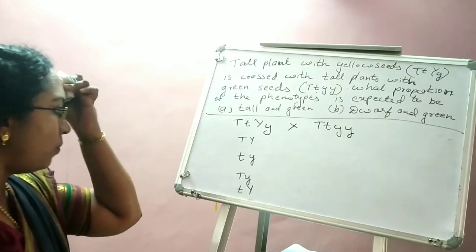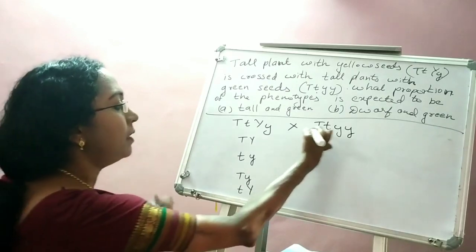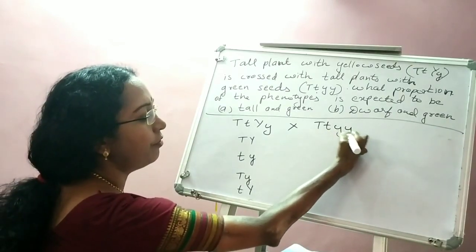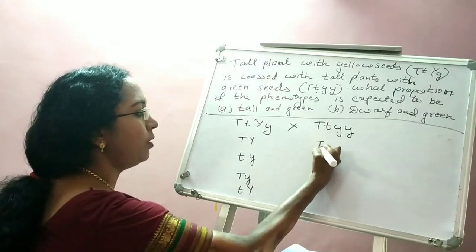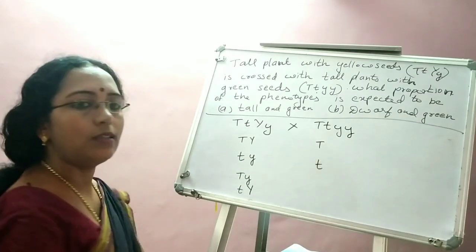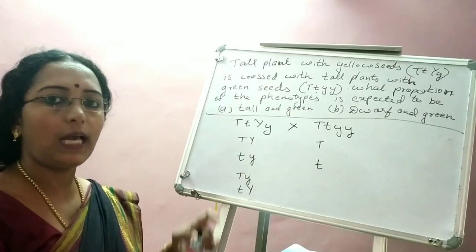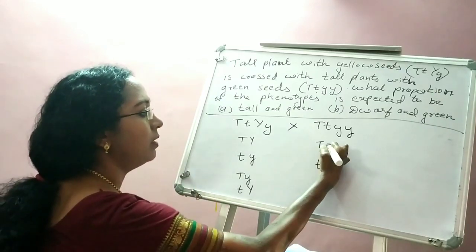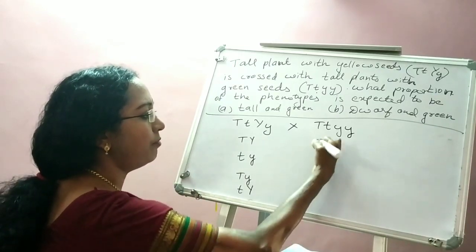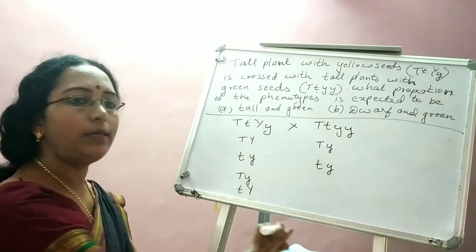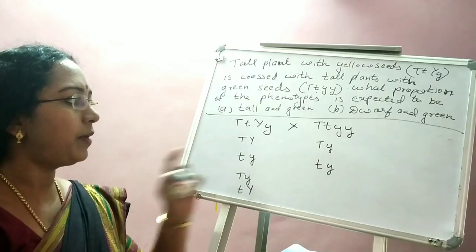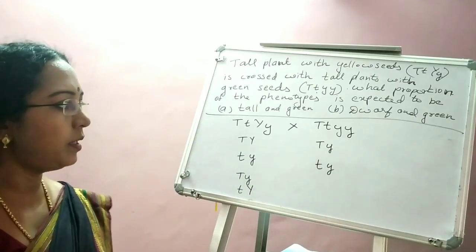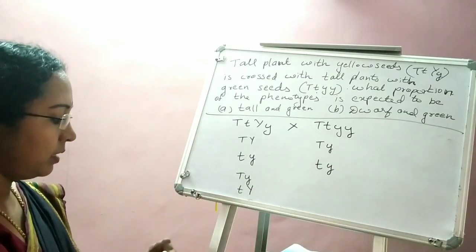Now what about this side? Here the allele for seed color is the same. So what you have to separate is the allele for plant height. Capital T, small t separated. Now small y, small y. Even if I write once again, I will get the same thing. Capital T, small y, small t, small y only. So I am writing here only once. Okay. So these are the gametes.